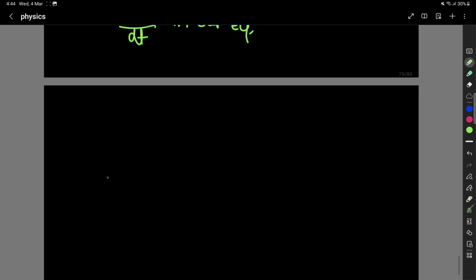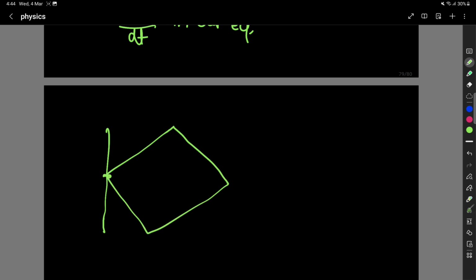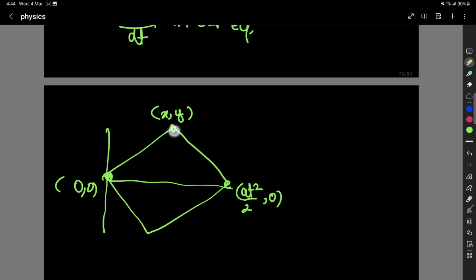So we'll apply that. We'll assume, since these 2 points were initially together, this will be at some point at square by 2 comma 0, 0 comma 0, x comma y.